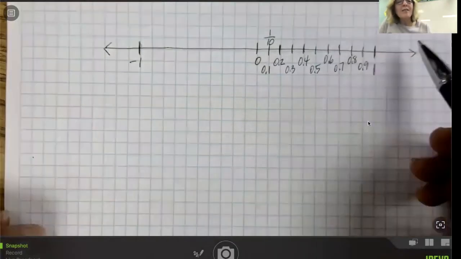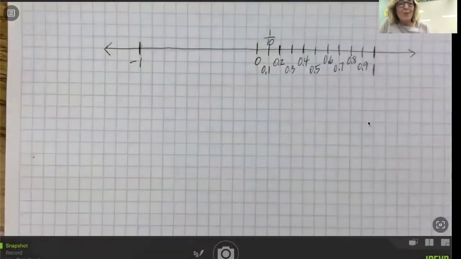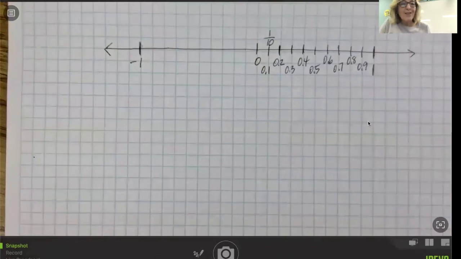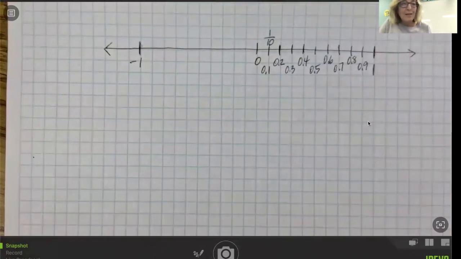But not all of those are in their simplest form, and we always want to use fractions when we're labeling, for instance, this in their simplest form. Now, there are times we want to use fractions in a form that's not simplest, but this is not one of them. So let's think about, of those fractions, which ones are in simplest form?